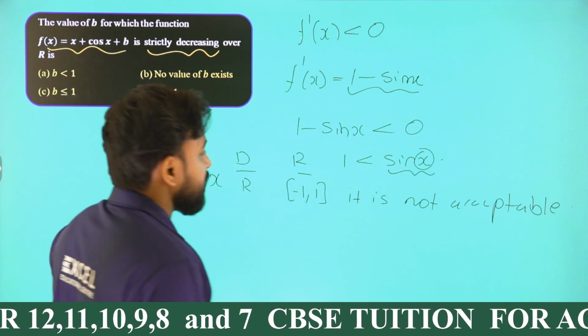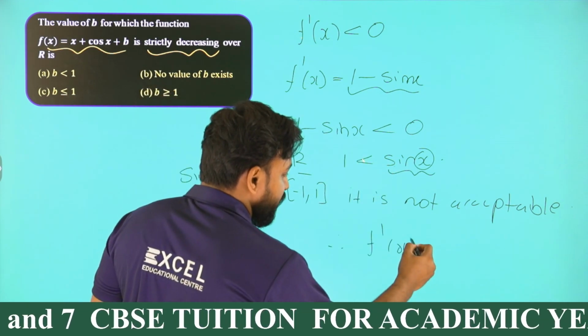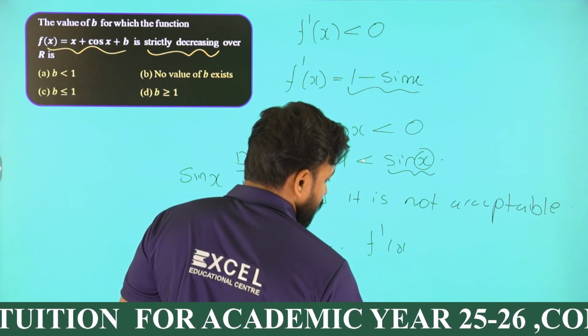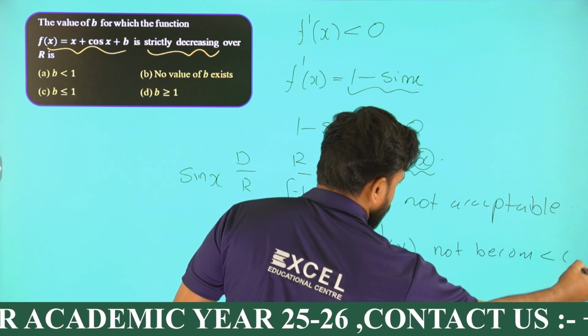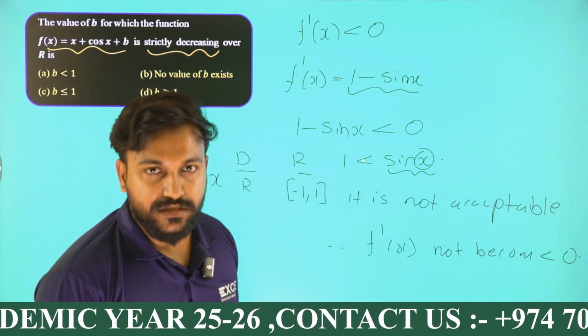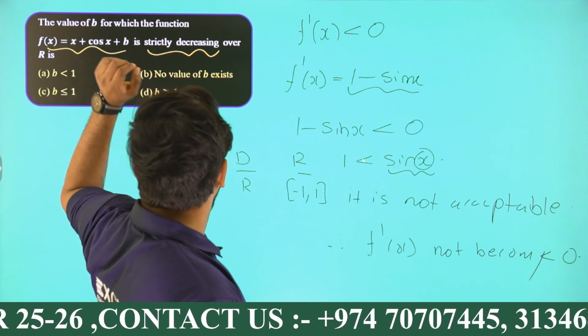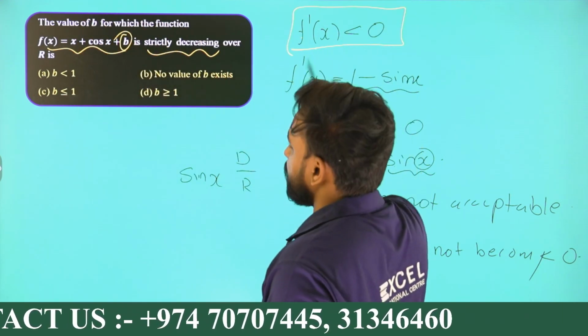So this inequality is not acceptable, which means f dash of x will not become less than 0. What does that mean? Whatever value you are putting for b, f dash of x will not become less than 0.